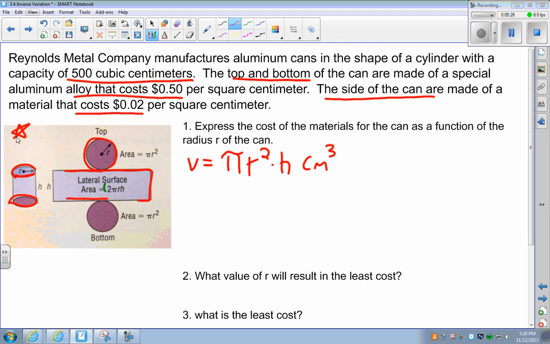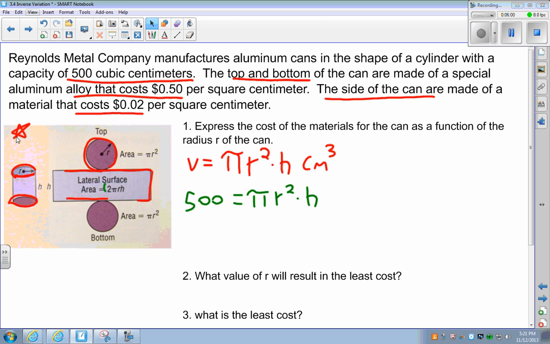Okay, so here, what we're going to want to do is express the cost of the materials for the can as a function of the radius r of the can. So it's going to be a lot like maximizing the area given some perimeter. So here's our function for volume for a cylinder, and we know that volume is equal to 500, which is equal to pi r squared times h.